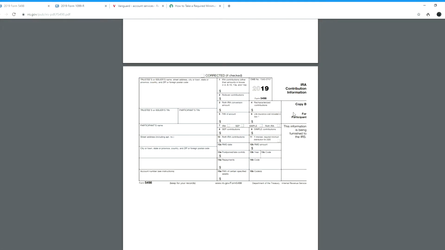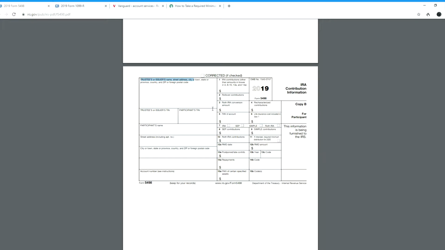But what I thought I would do is just run through, so you can see in this first square, it says trustee's or issuer's name, street address, city, town, etc. So trustee, again, that would be whoever is acting as the custodian, essentially, for your IRA account.